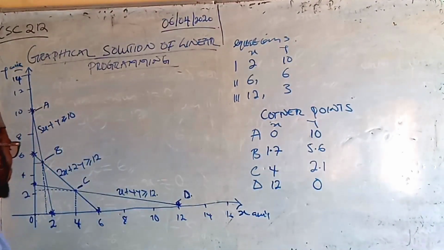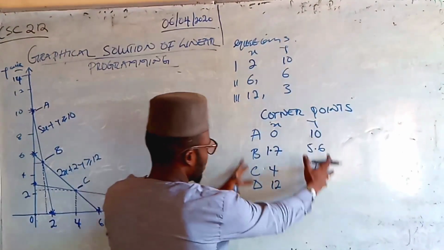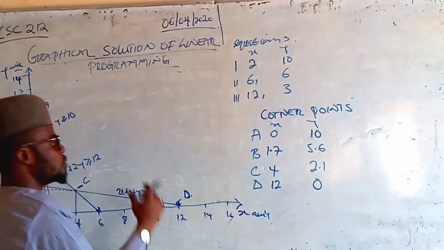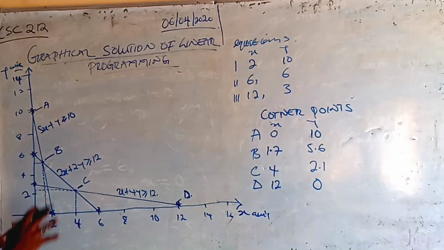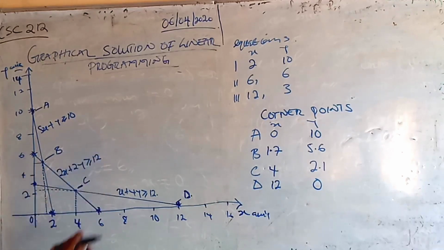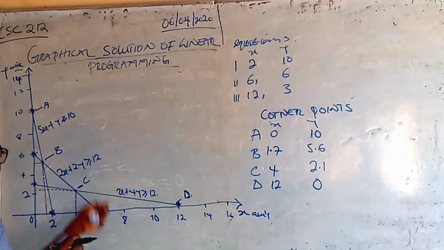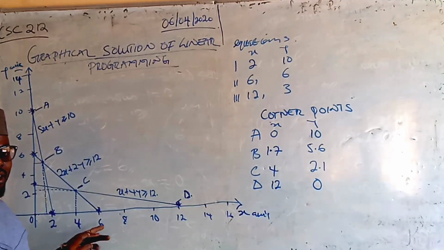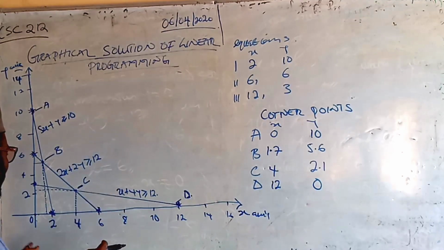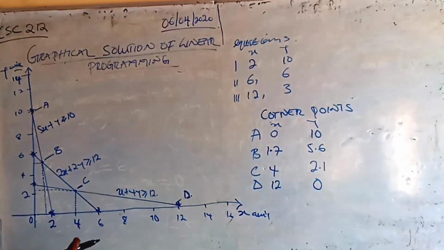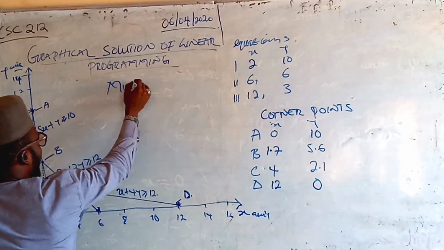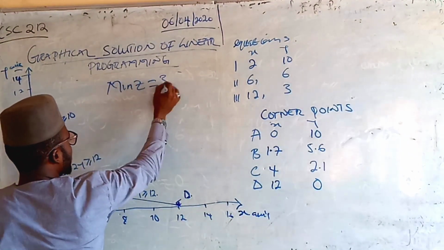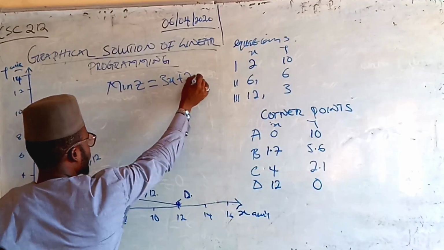So the next thing we are going to do is use the values of the corner points to test the optimal solution. That is to test which value we are going to select for the gardener to minimize the cost of the production, or the cost of the purchase of his chemicals. So remember, our minimum Z is equal to 3x plus 2y.